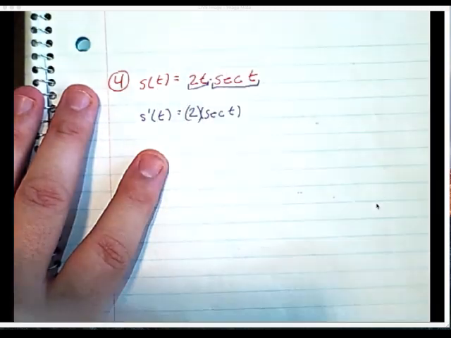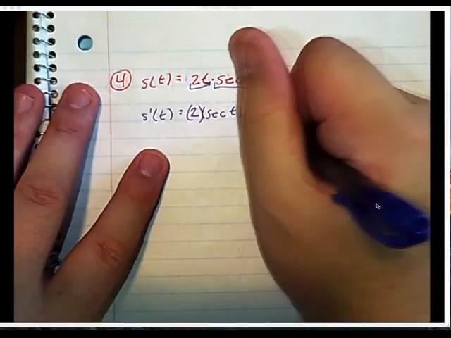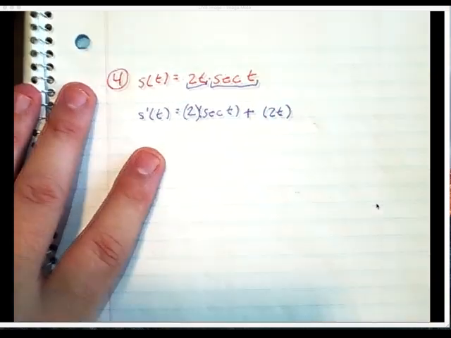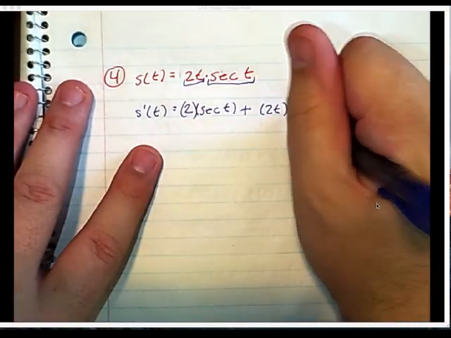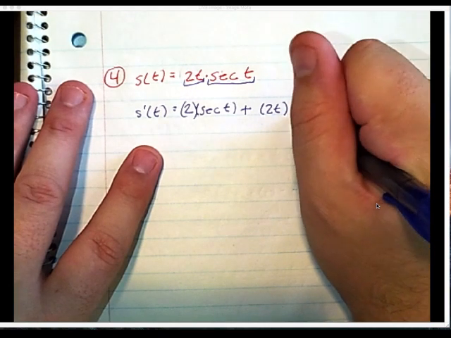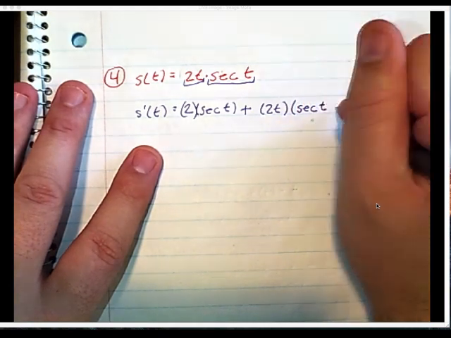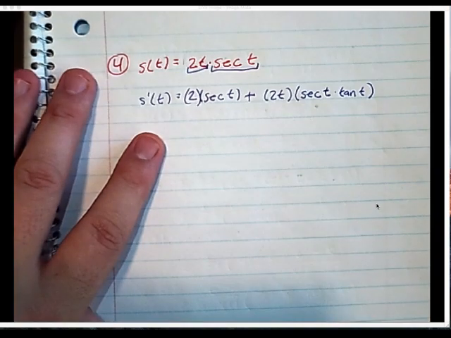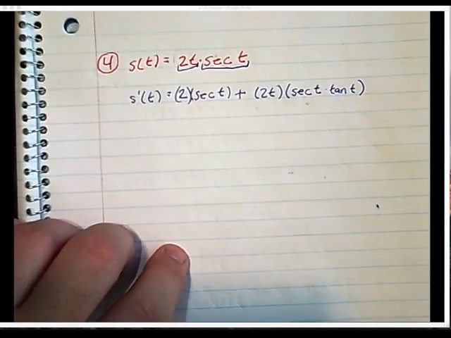And you can use parentheses if you feel more comfortable. Always plus with product rule, the first 2t times the derivative of the second. So derivative of secant of t is secant of t times the tangent of t. Okay. So that's a first line answer.